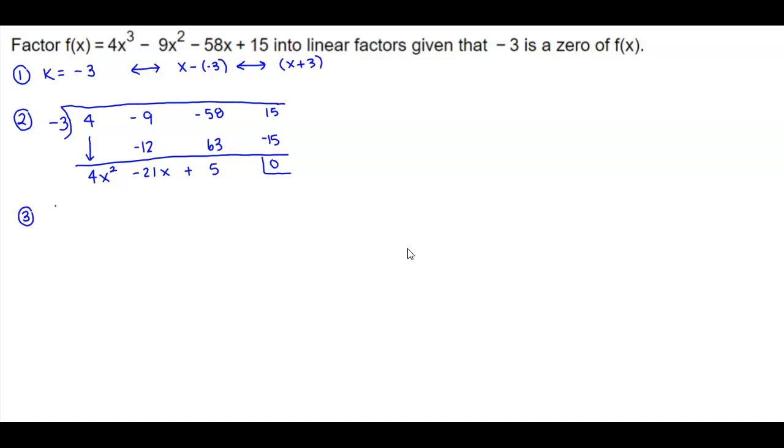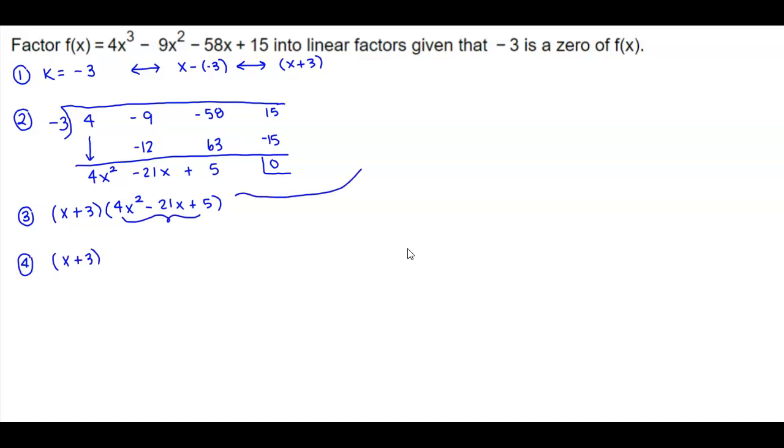So we know that we have x plus 3 times this factor, which is 4x squared minus 21x plus 5. Okay, but this needs to be factored completely. So that means that we need to figure out whether or not this can be factored.